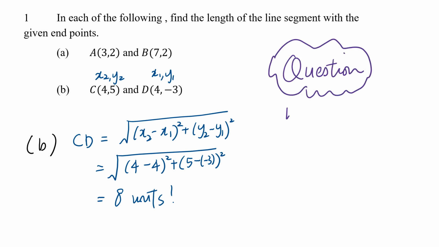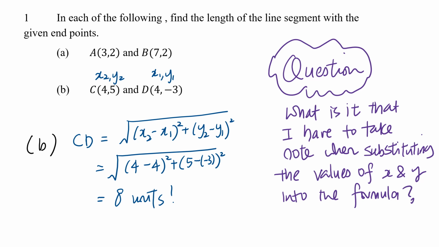So again, I have a question for you. What do you have to take note of when substituting the values of x and y into the formula? Why do you think I highlight the bracket around negative 3? This is something you have to take note of. If you have a negative value, it is very important that you bracket it.